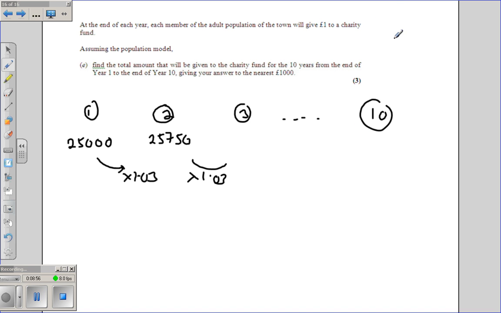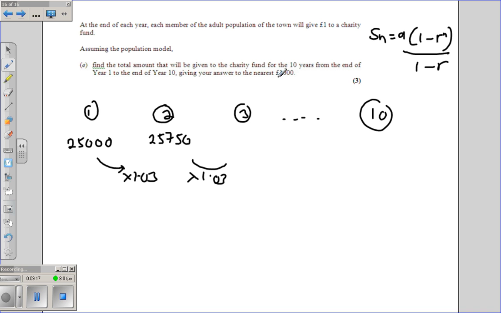If you use your formula booklet, the sum of the first n terms is a lots of 1 minus r to the n over 1 minus r, or r to the n minus 1 over r minus 1, doesn't matter which one you use. We're just going to fill in the bits we know, and hopefully we'll get the nice sum.